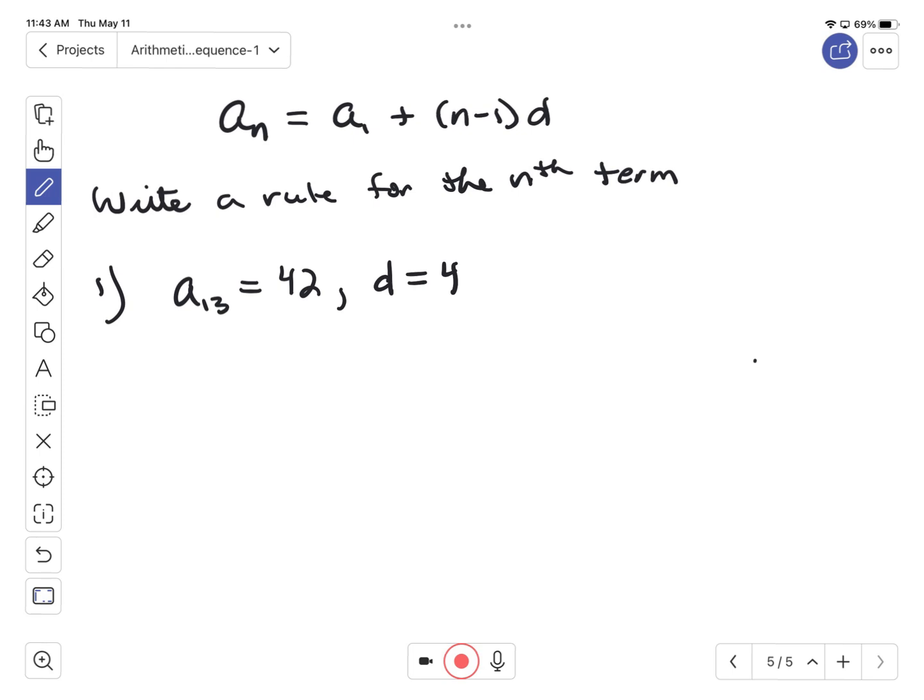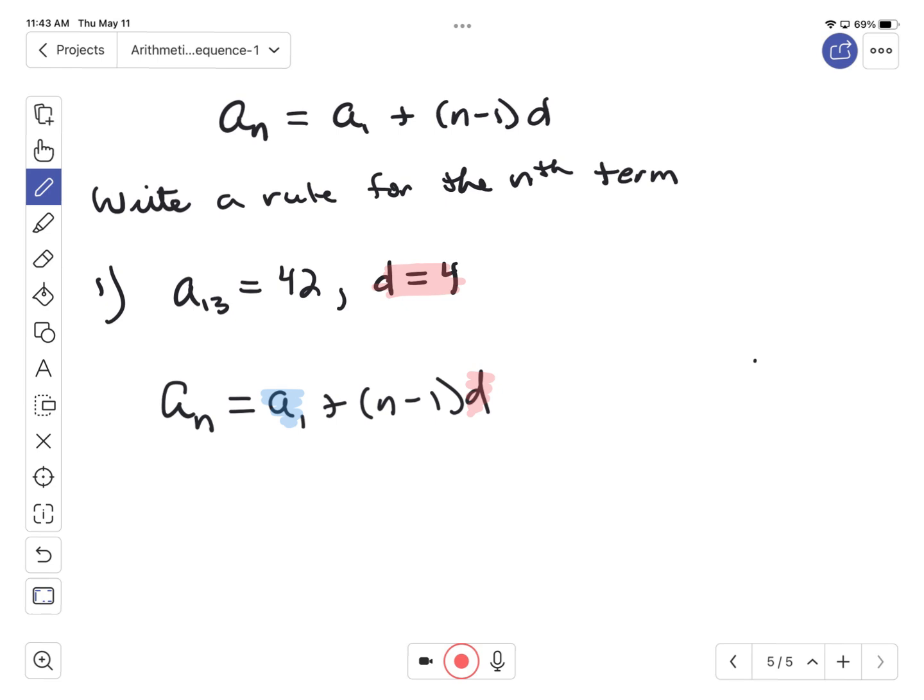Here it asks you to write a rule for the nth term. In order to write a rule for the nth term, you only need 2 pieces of data. You need to know what the value of the first term is, and you need to know the d. Notice that they gave us the d. We know the d is 4, but we don't know what the value is of the first term.